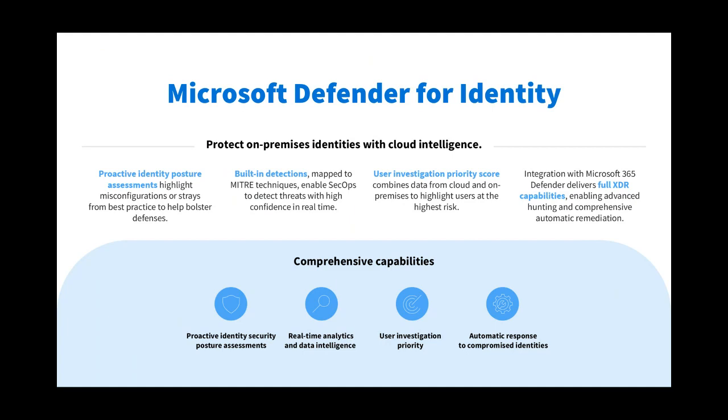Microsoft Defender for Identity is the answer to deal with these risks, combined with the other Defender solutions. Defender for Identity provides a proactive identity posture assessment highlighting misconfigurations or strays from best practices, has built-in detections mapped to MITRE techniques that we see in the field for attacks against environments, and user priority scores combining data from cloud and on-prem to highlight users who are at the highest risk levels.